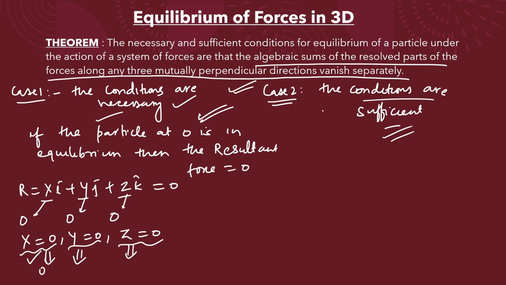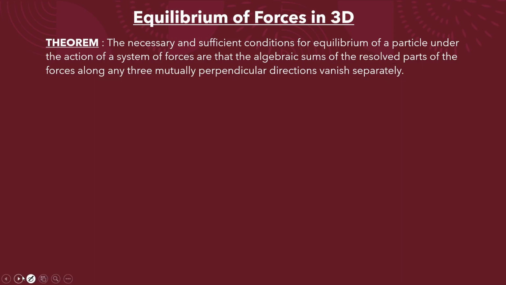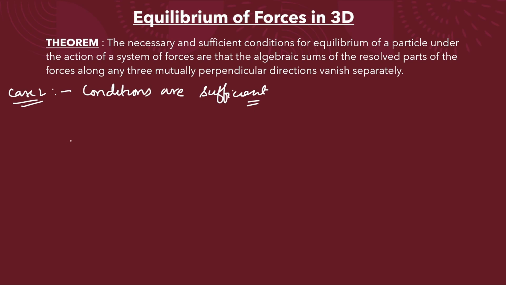The other way around, we have to show that the conditions are sufficient. So let us work out this. In case 2, we have the conditions are sufficient. So we will go the other way around.